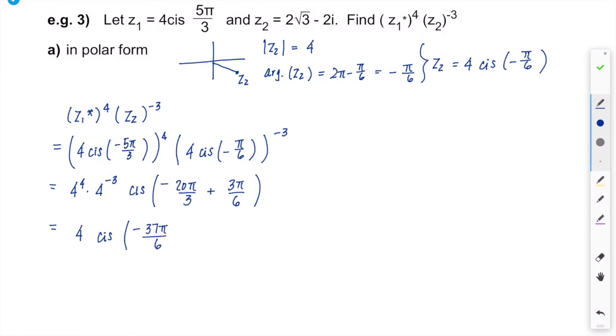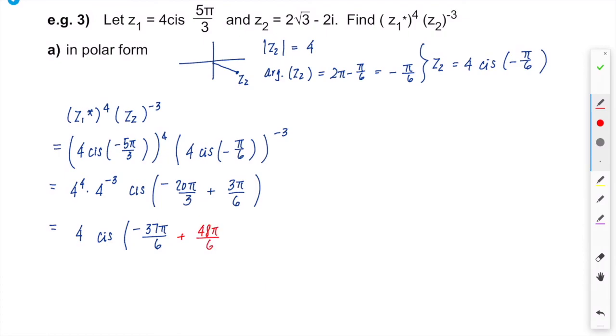But this looks way too complicated. So if you recall from previous lessons, we want to keep the argument within either all positive from 0 to 2 pi, or keep them between negative pi to positive pi, okay? So let's use the easier version, which is 0 to 2 pi, so plus multiples of 2 pi.